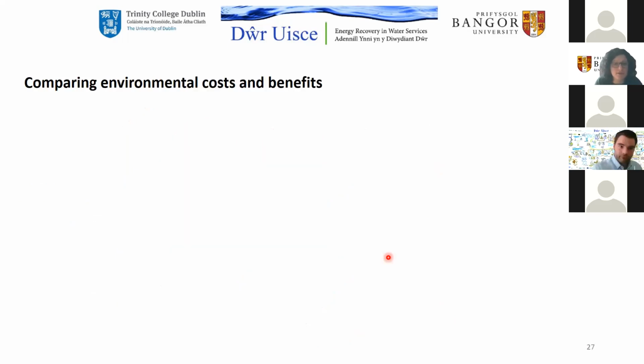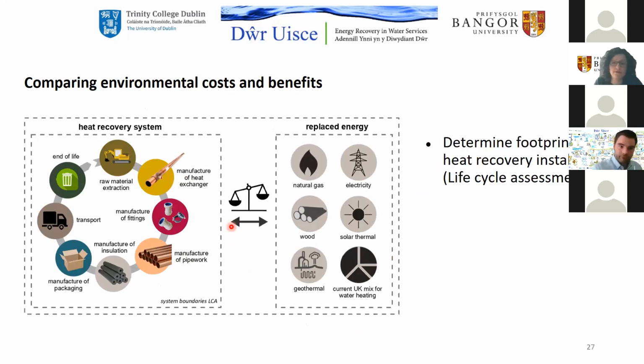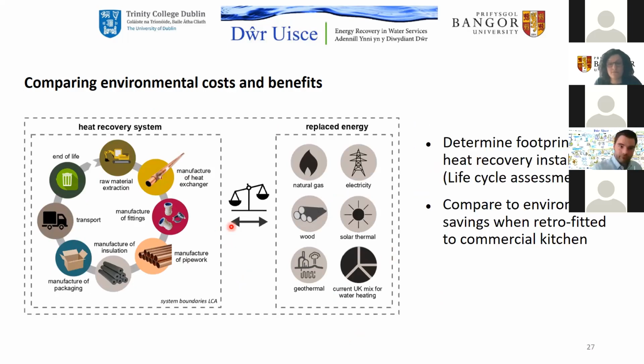So what we need to do in order to decide if heat recovery is overall sustainable is compare the footprint of the heat recovery system with the saved or avoided footprint from the energy that we save. And we have looked at retrofitting commercial kitchens, so all the equipment you need for retrofitting.